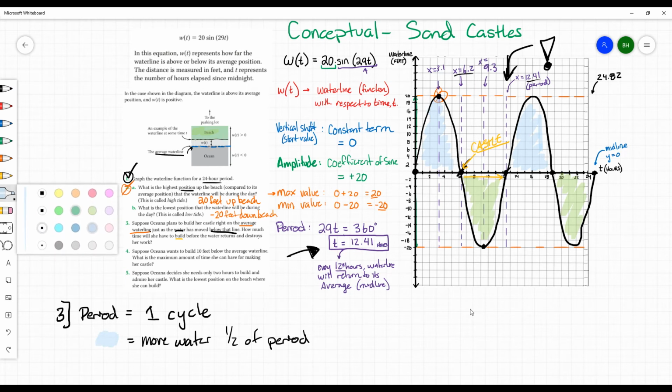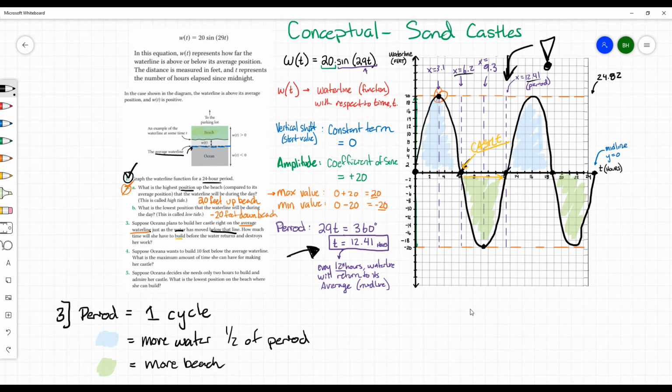We're going to have more beach also half the time. So more beach is also going to be half of the period. So in order to answer this question, how much time will she have? We just take the period and cut it in half. And we can see that in this distance, we have 12.41.